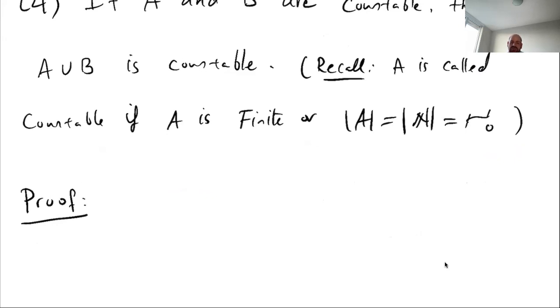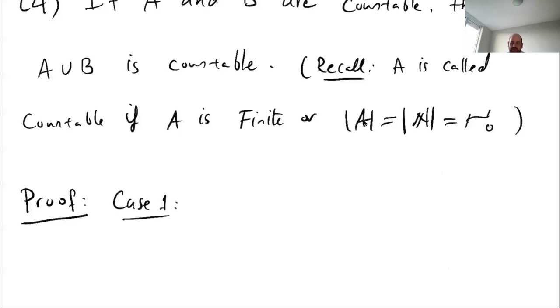So I want to consider different cases. I have two sets which are countable, but I know that each countable set has two possibilities, either finite or denumerable. We saw that if cardinality A equals cardinality N, then we call A denumerable. So that's what we defined last time. So I have two sets which are both countable. What are the possibilities? Case one.